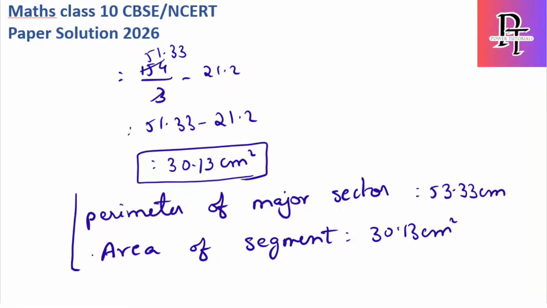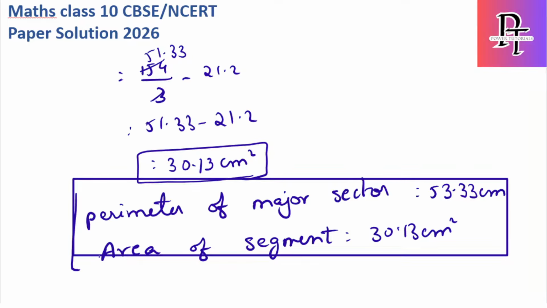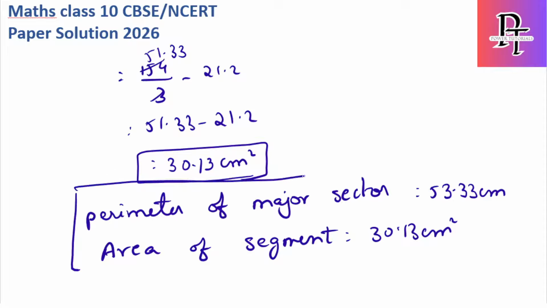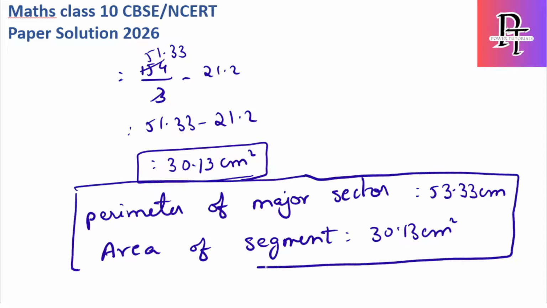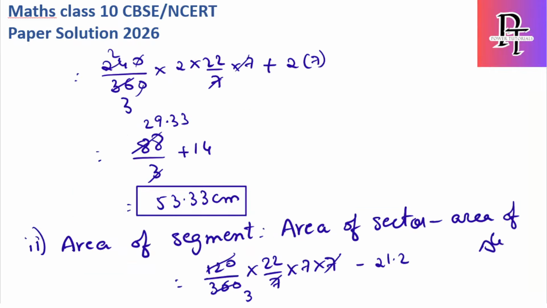Okay, so this point is important for your answer key. Perimeter of sector, we got it as 53.33 centimeters, and we got the area of segment as 30.13 centimeters square. Let me write it neatly.